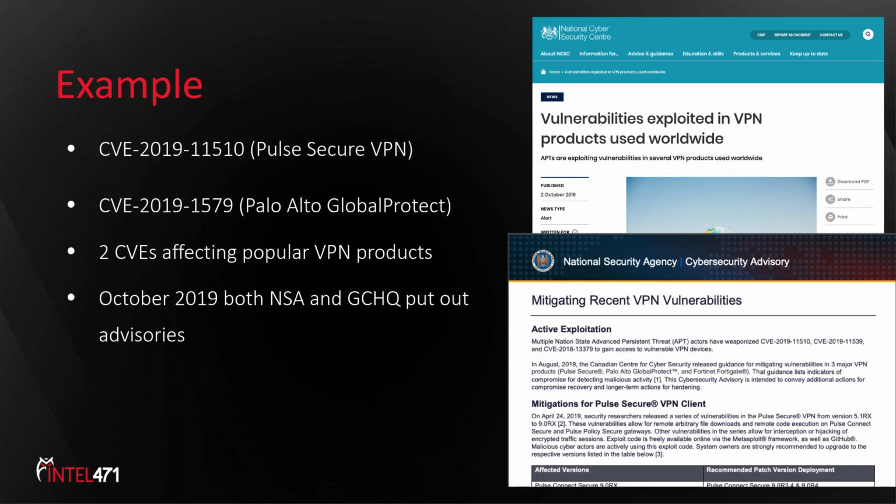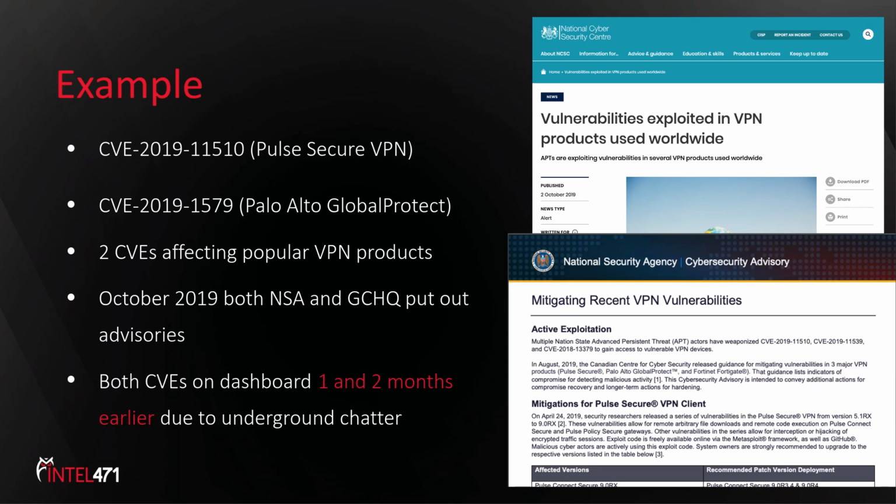Like I said, a lot of attacks start with gaining access to infrastructure. So anything that gives you access, especially vulnerabilities that you can exploit in legitimate remote access functionality, is extremely popular.